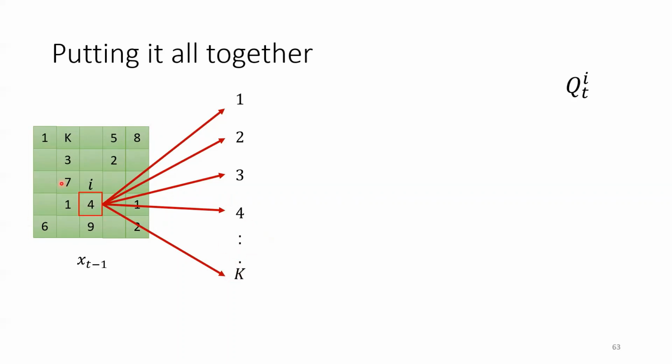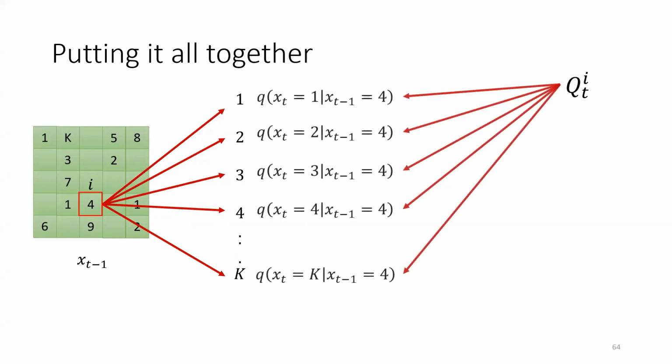The chance by which this 4 will get transferred to any of these categories is given by the transition probabilities from the transition matrix that we defined. So the probability that in xt this 4 will change to 1 is xt equal to 1, given xt minus 1 equal to 4, and so on and so forth. It's pretty straightforward.